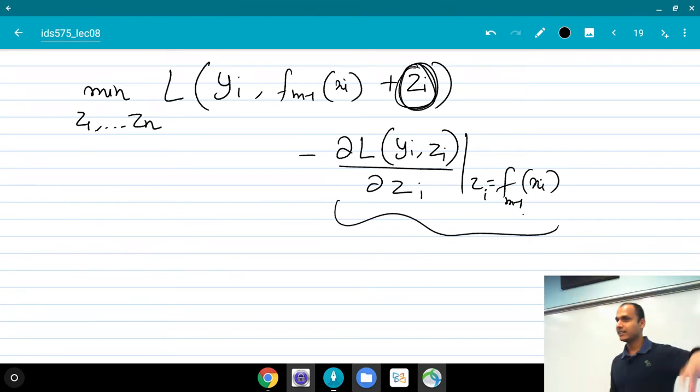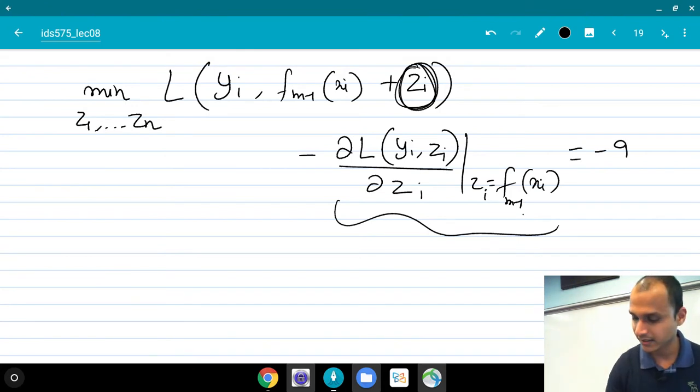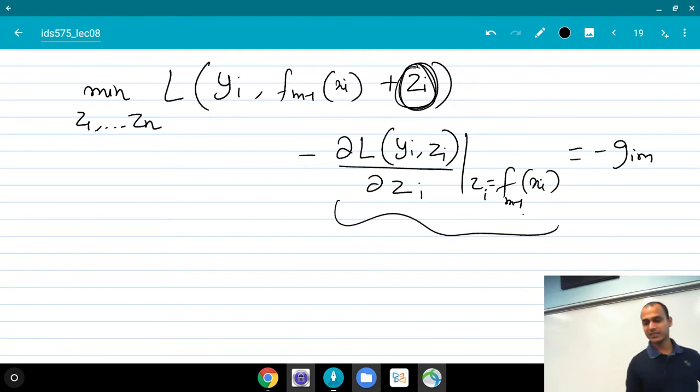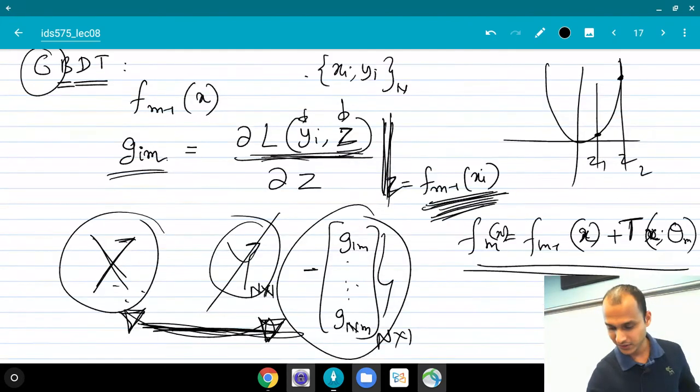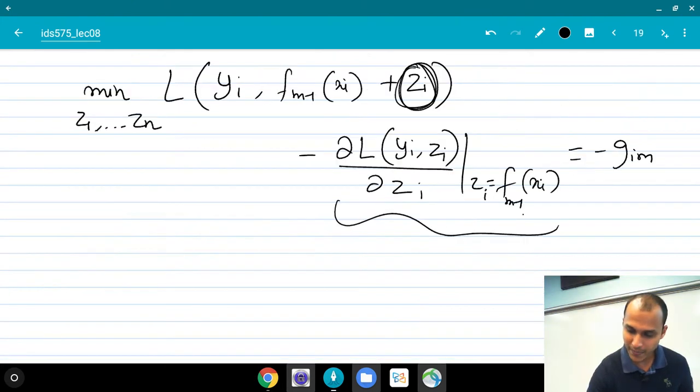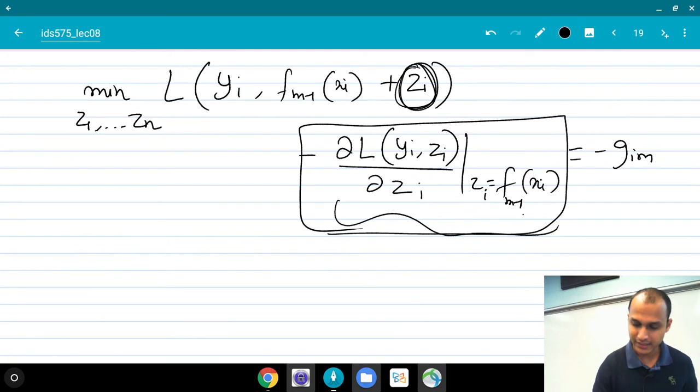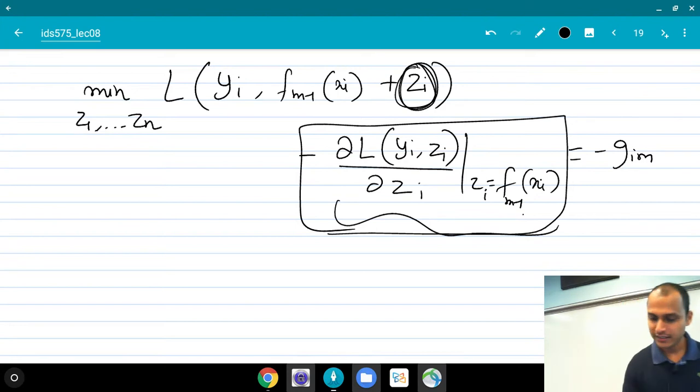In the GBDT procedure I just mentioned, the target was nothing but minus gi of m. In the decision tree procedure from 2 slides ago, I said use minus GMs as the targets.